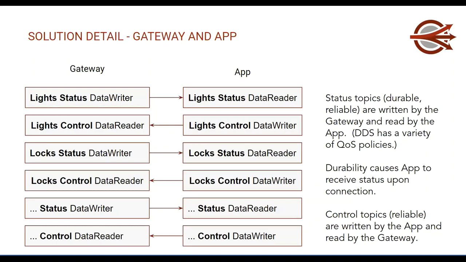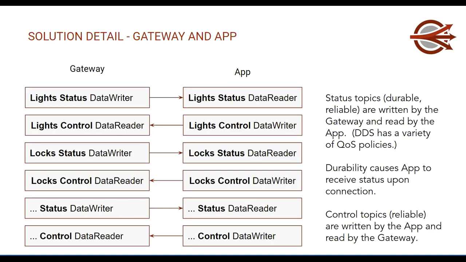We mentioned the idea of quality of service, and DDS has a variety of QoS policies to tune the relationship and the communication between a data writer and a data reader. In this particular case, our status topics are going to be durable and reliable.